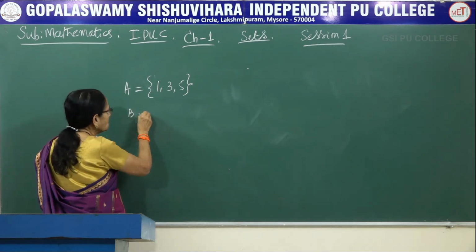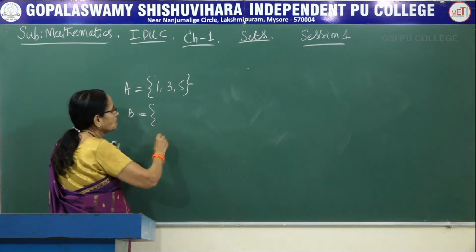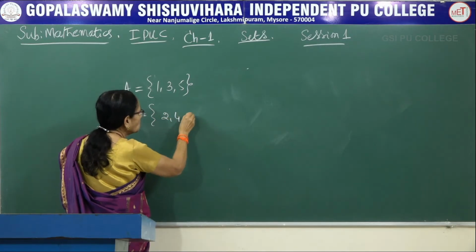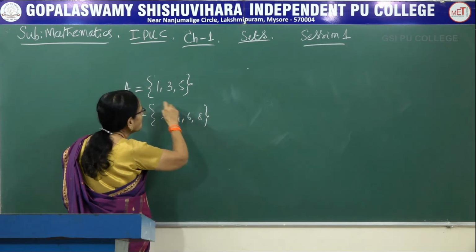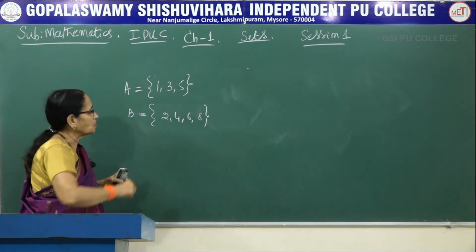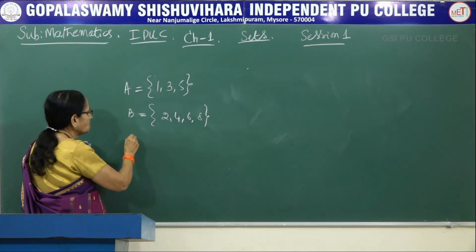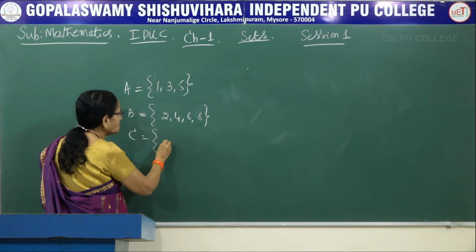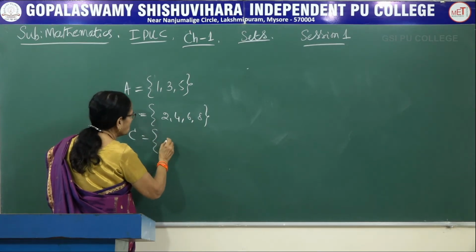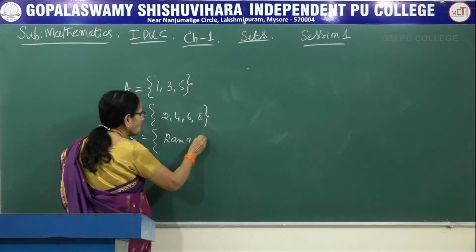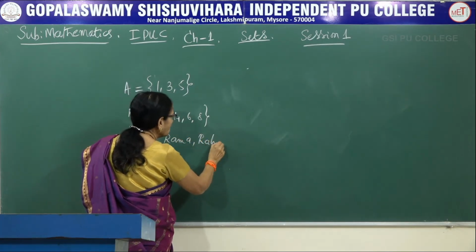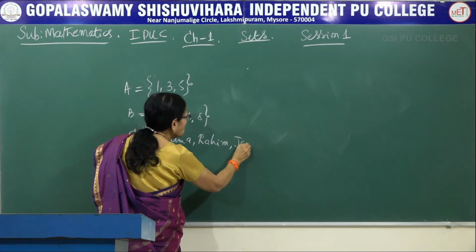Or I can write B containing, say, 2, 4, 6, 8. So it is a set containing the even numbers, and the earlier one was a set containing odd numbers. Or you can write a set containing names, for example, Rama, Rahim, John, like this.